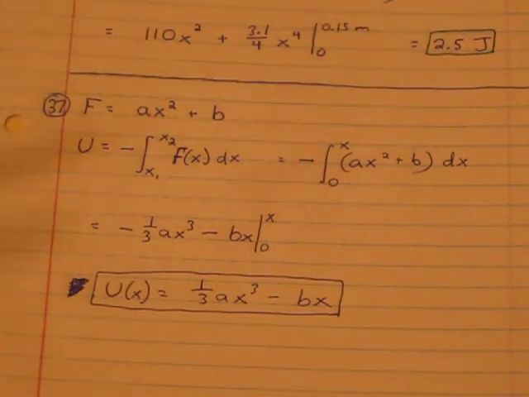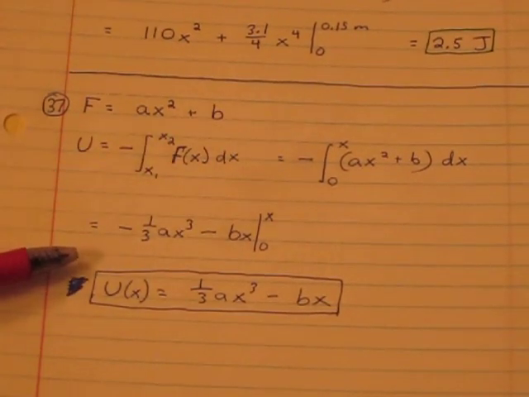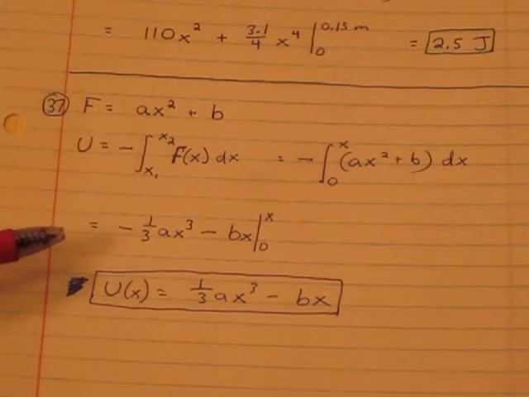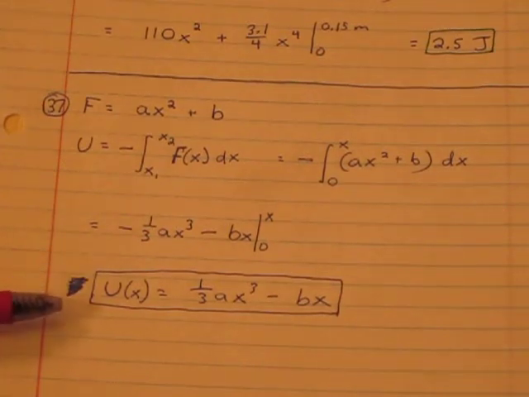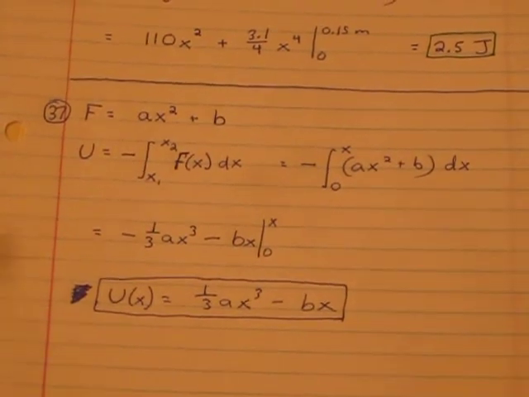Take that integral, remember the negative sign out front, and you should get negative 1/3 ax cubed minus bx, taken from 0 to x. When you plug in the 0, nothing gets subtracted. And so the answer for potential energy is 1/3 ax cubed minus bx.